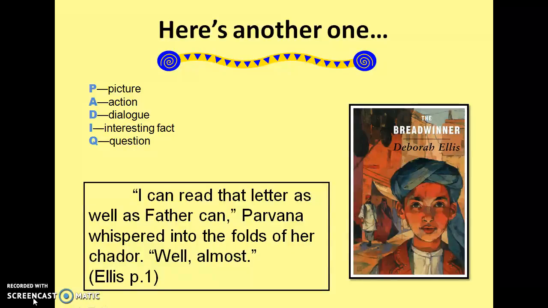Did you think A for action, because she's saying she can read it, but also did you notice the quotation marks? D for dialogue. This is actually what she's saying, the exact words of a conversation, and we know that because of the quotation marks. So it is D for dialogue.